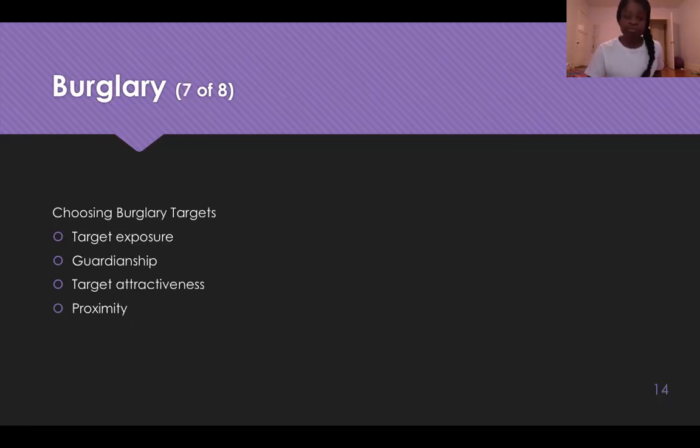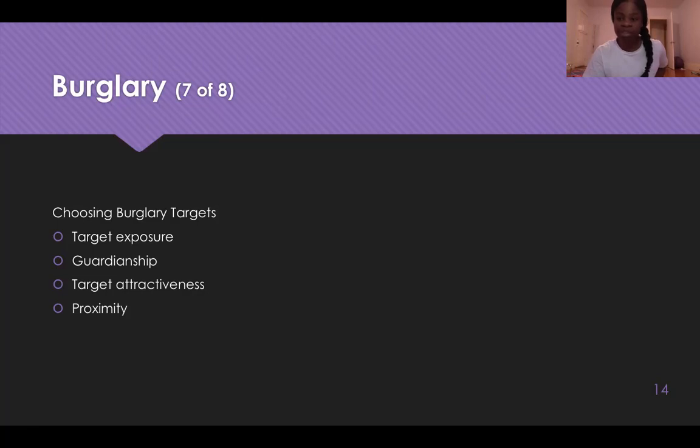And then choosing burglary targets. The most important considerations in target selection are target exposure, guardianship, target attractiveness, and proximity.